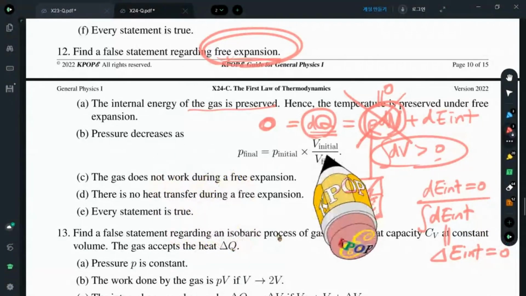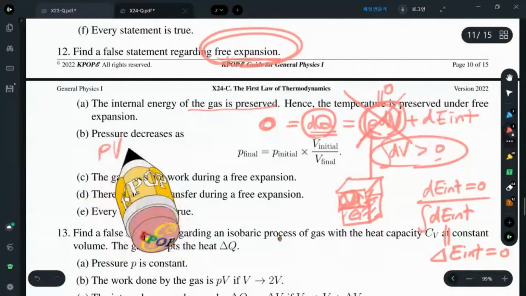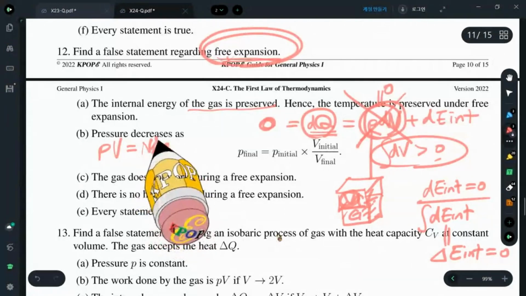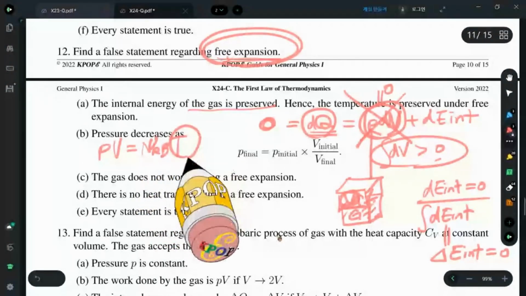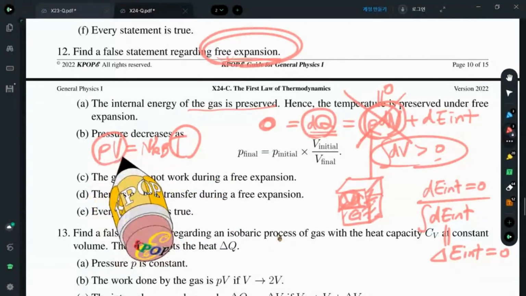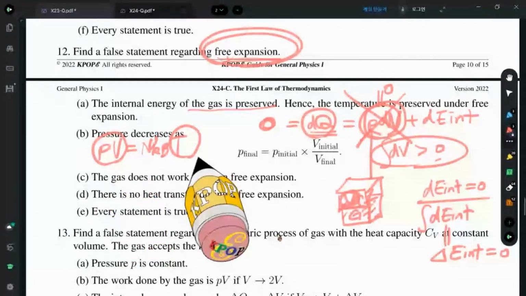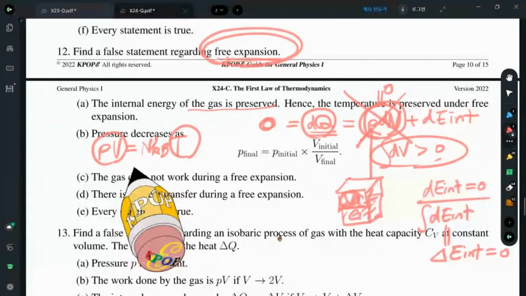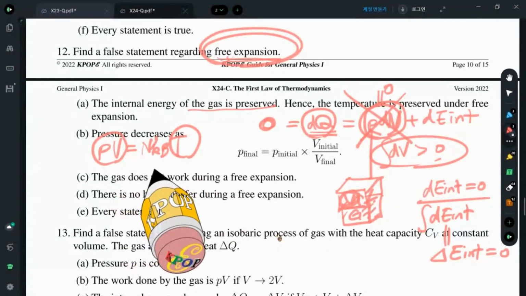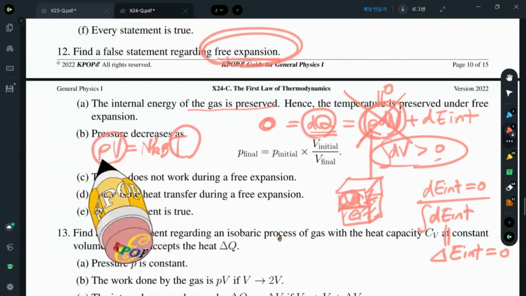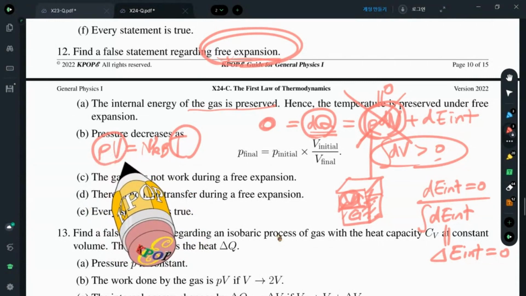Pressure decreases. If you consider PV equals NkBT and temperature is constant, that means PV is constant. Even though we do not know the pressure and volume in the middle of free expansion, at least we know the initial and final values for the pressure and volume when they are in equilibrium.